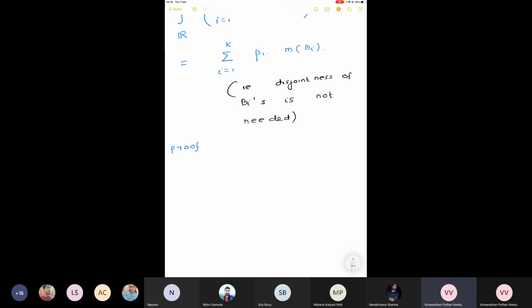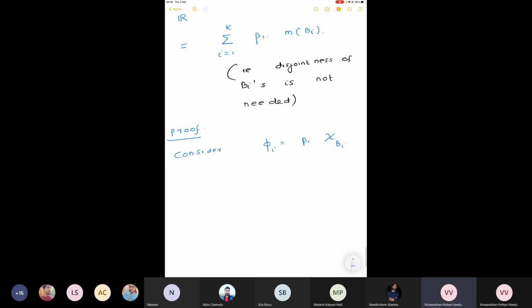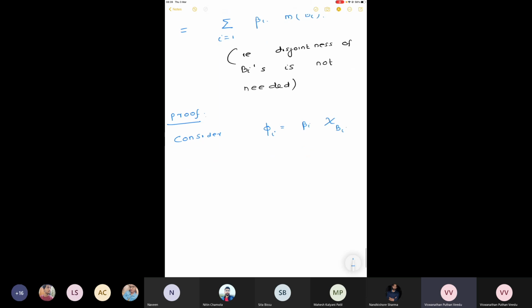Now let us see the proof of the corollary. It is quite easy. Consider phi i equal to beta i chi B_i. Then each phi i is simple. Measurable, I don't have to say.